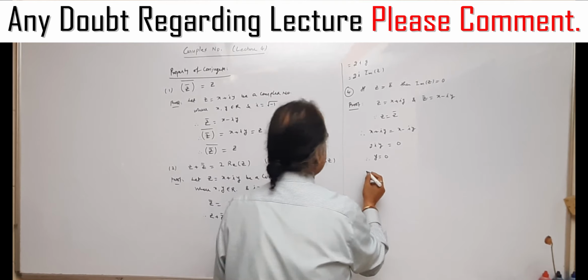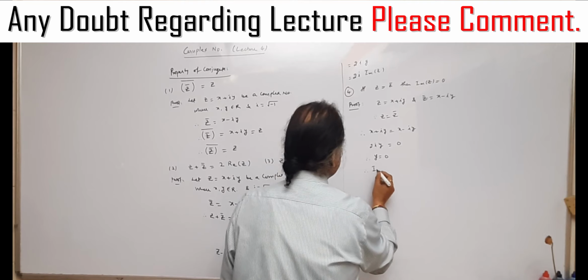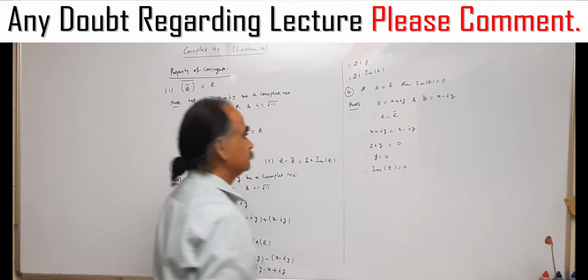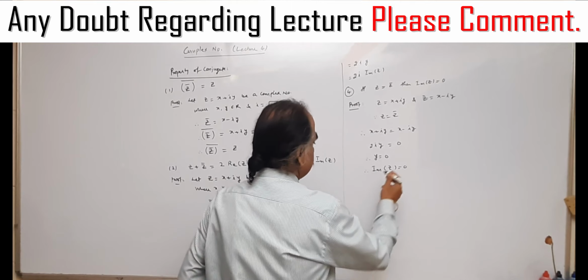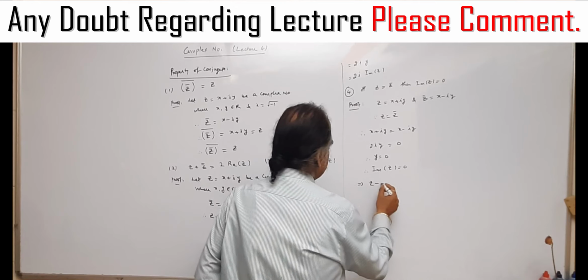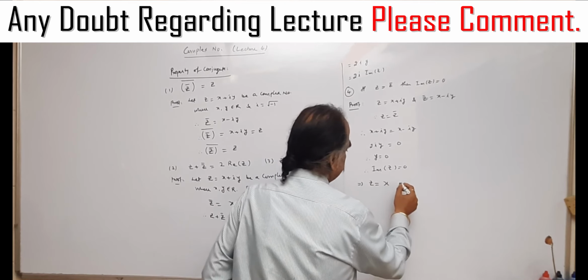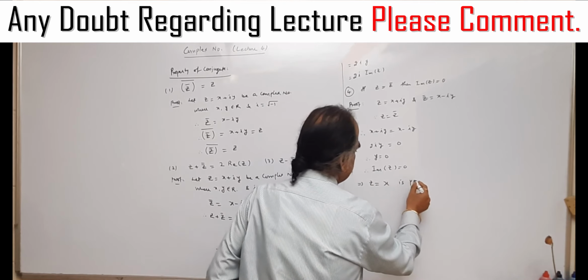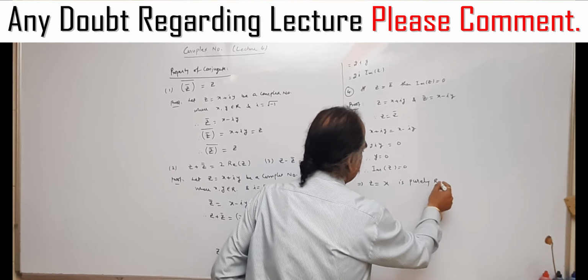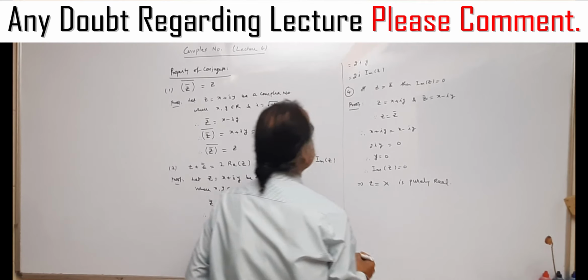y is 0 means the imaginary part of z is 0. The imaginary part of z is 0 means z is only x, which is purely real.